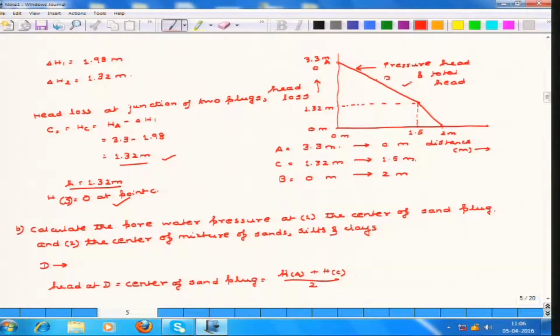So, this will be equivalent to (3.3 plus 1.32) by 2, which is 2.31 meter.